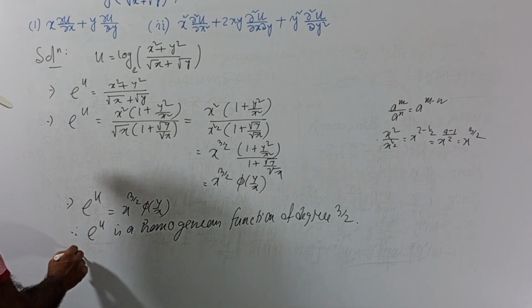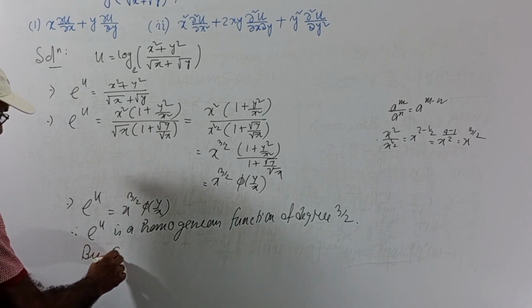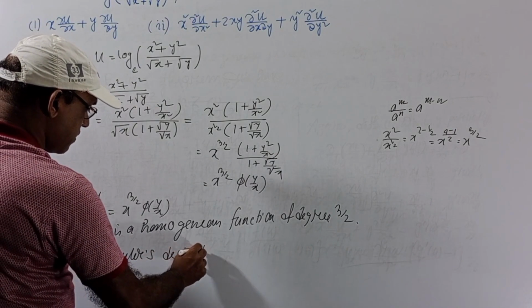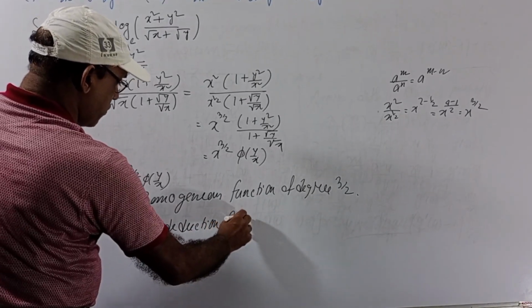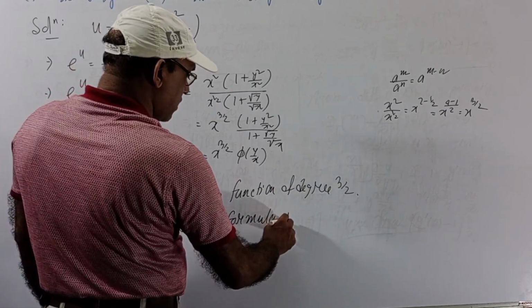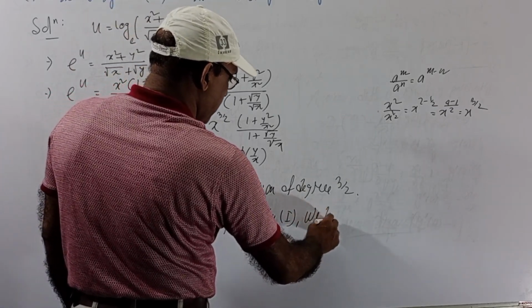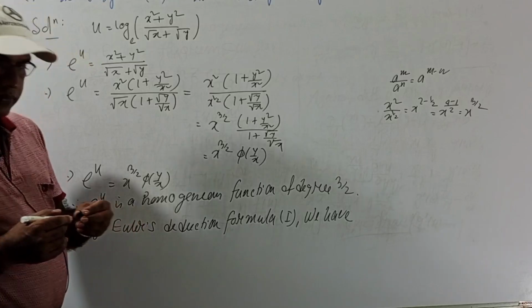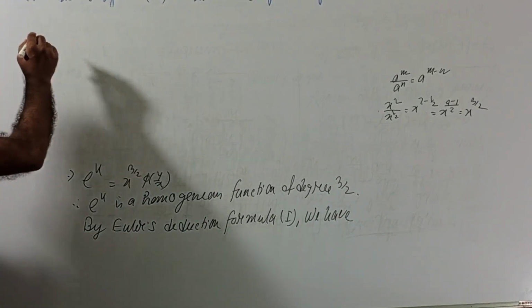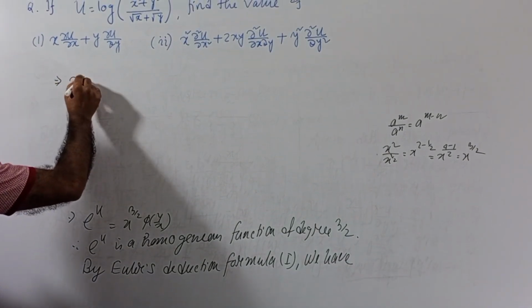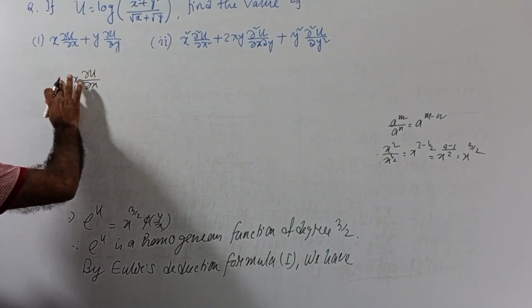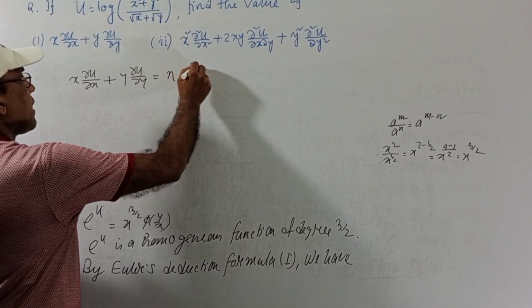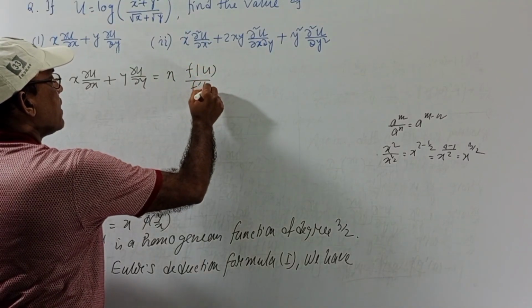So by Euler's deduction formula 1, we have x del u del x plus y del u del y equal to n f of u f dash u by f dash u.